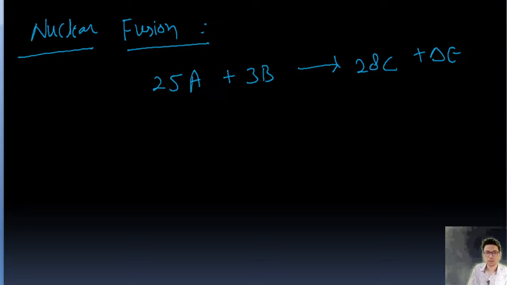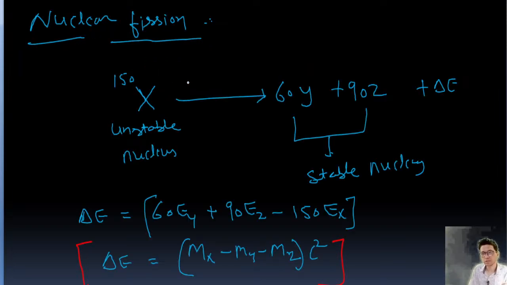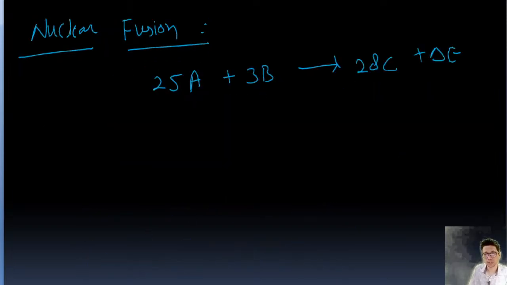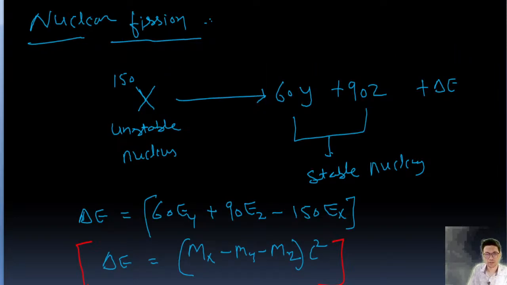This parent atom breaks into two stable atoms. Here two atoms combine and form one stable atom. This is fusion and this is fission.